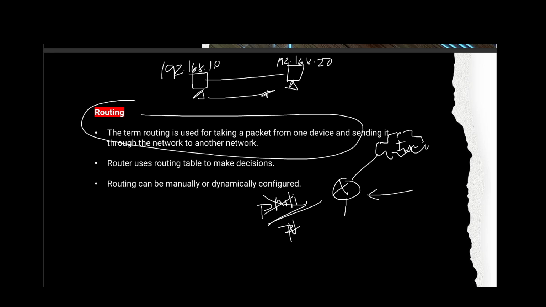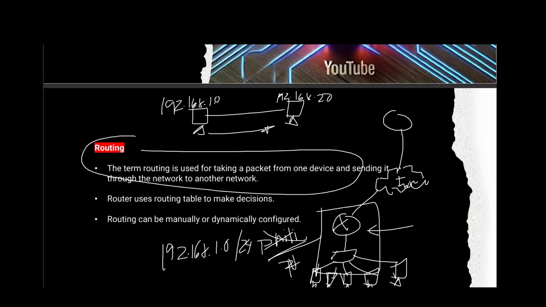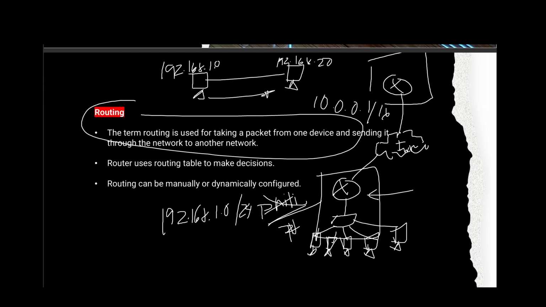So usually there's a building here, and this router is connected to a switch, and that switch is connected to multiple computers where the people working for the BPO are connected. So this network might be the 192.168.1.0 network, and you might have a main office in the US that has a different network, which might be like 10.0.0.1/16, right?